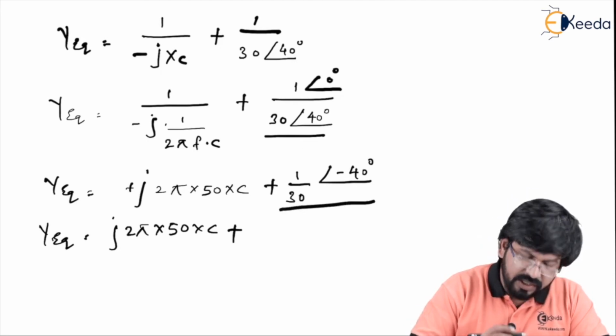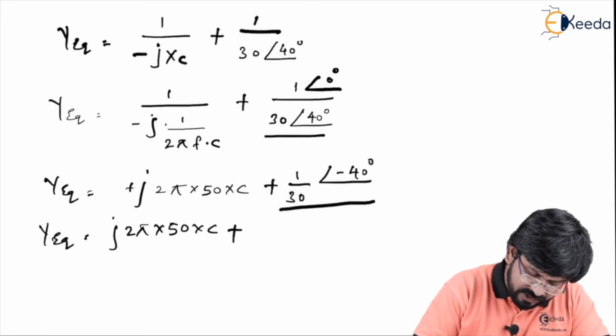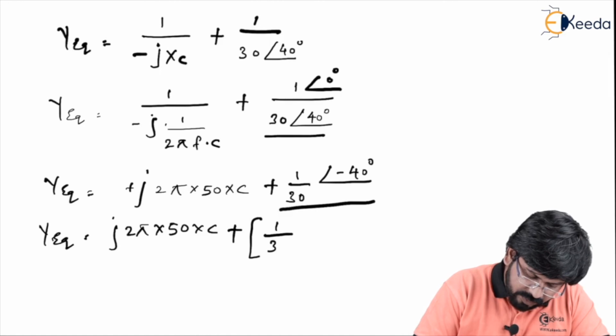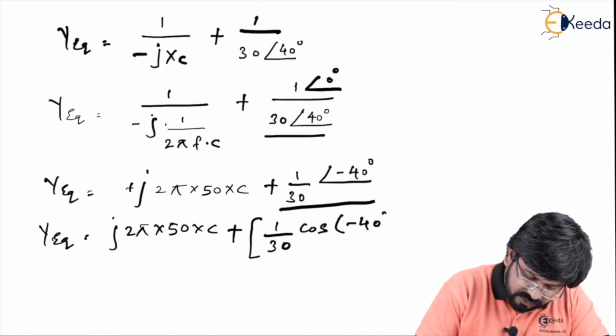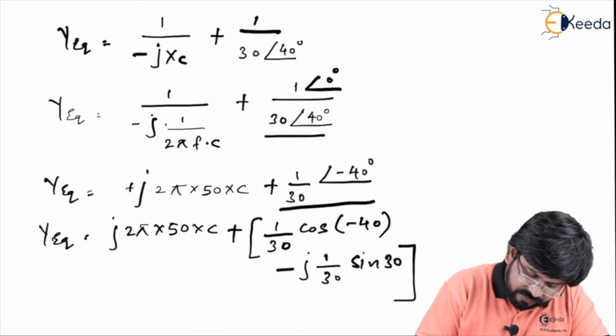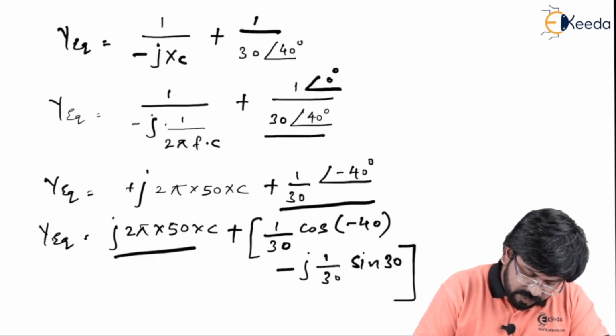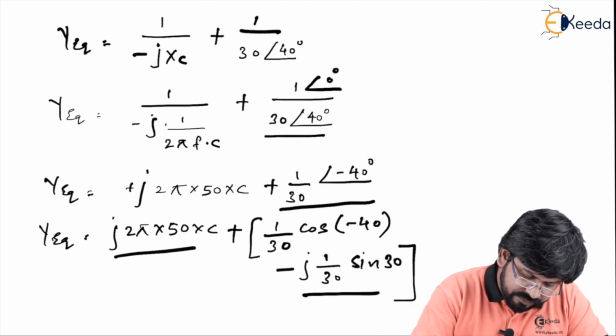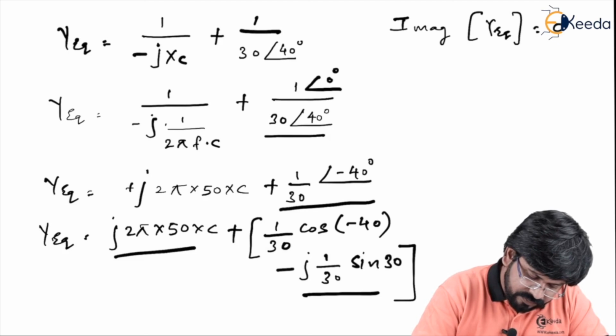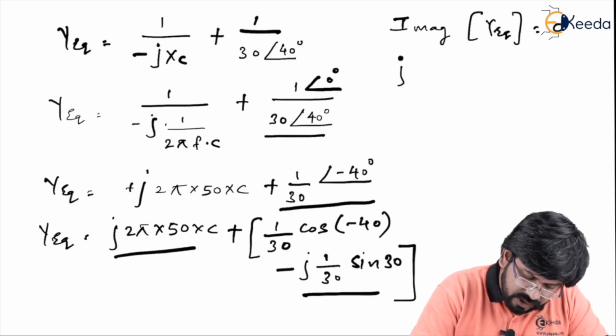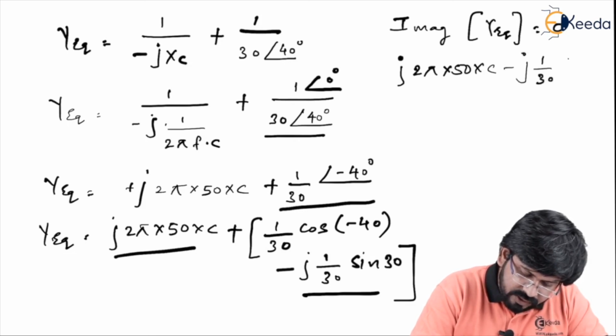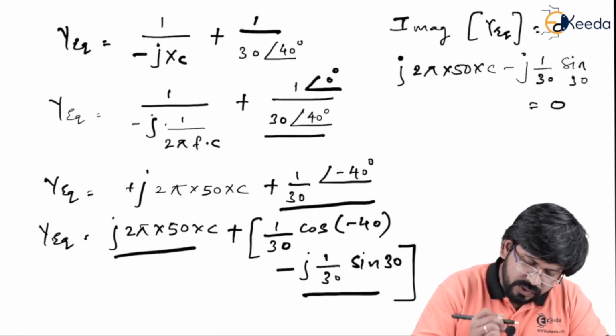The second part is in polar form, so we convert it into rectangular form: 1 by 30 cos of minus 40 minus J 1 upon 30 sine of 40. Taking the first and second parts together, the imaginary part of Y equivalent is equal to 0, which gives J 2 pi 50 into C minus J 1 upon 30 sine of 40 equal to 0.